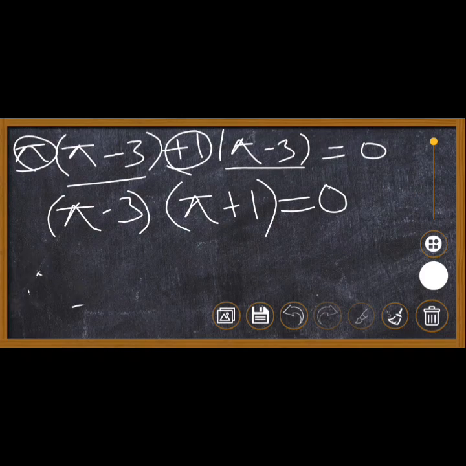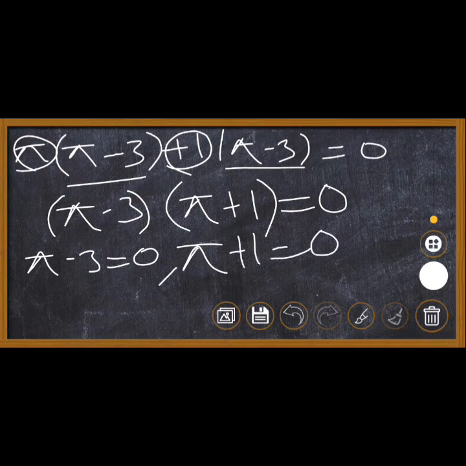So let's just find the values of whatever we have here. So we know that we have two values. The first one is where we have pi minus 3 equal to 0, and the other one is where we have pi plus 1 equal to 0. So in this case we have pi equals to 3 when negative 3 goes to the other side. We also have pi equals to negative 1 when positive 1 goes to the other side.